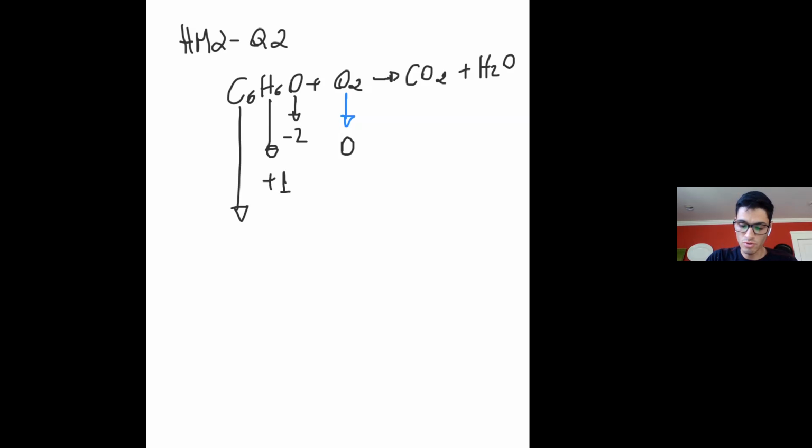So we have -2 plus 6, because we have 6 hydrogens, plus 6x, and it should be equal to 0, because the whole molecule needs to be 0.